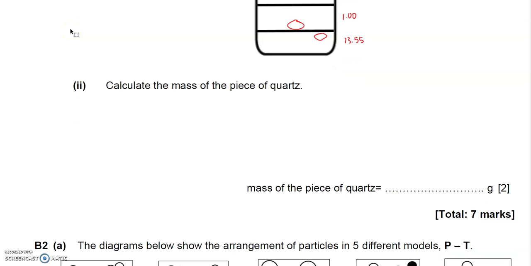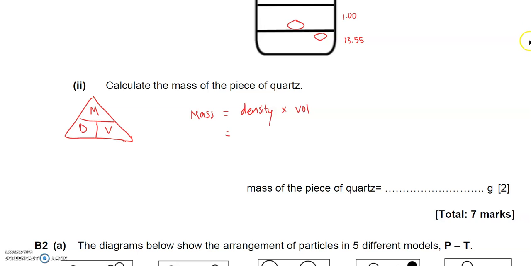Now, for part 2, calculate the mass of the piece of quartz. You will need to recall your density triangle again, because we are given density, we are given volume, we do not have our mass. So density equals the mass over volume. You will need to manipulate this such that we see mass equals density times volume.